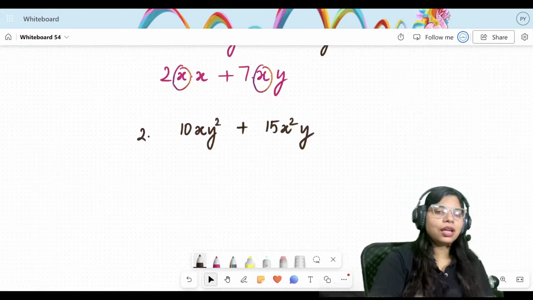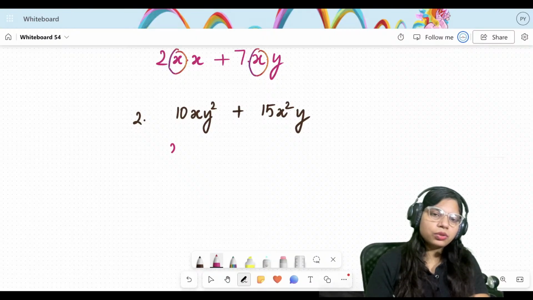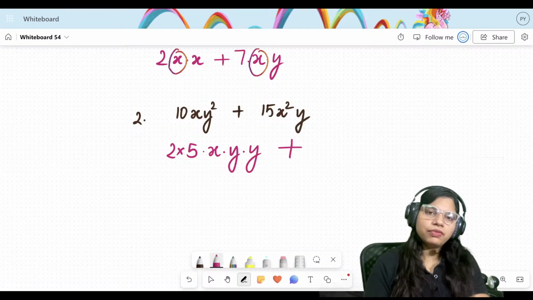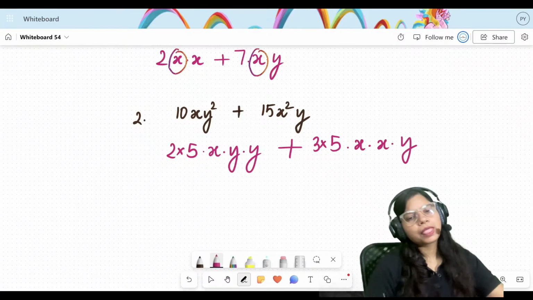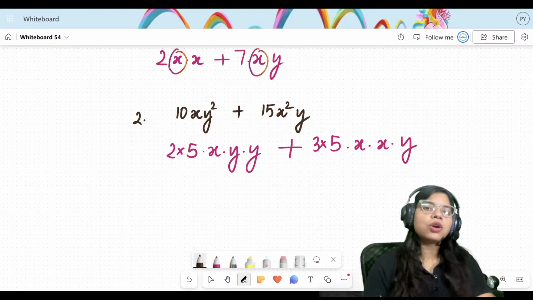So 10xy squared, let's break it down. 10 can be written as 2 times 5, then times x times y times y, plus 15 can be written as 3 times 5, then times x times x times y. Okay? We have written it like this. Now just take the common out.